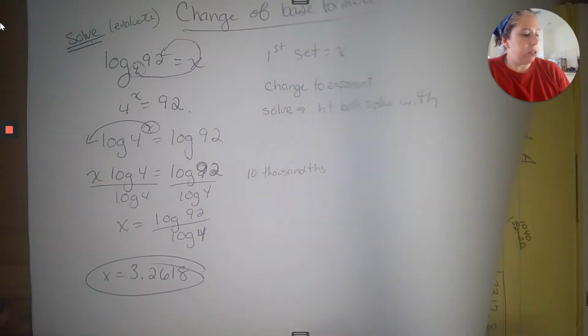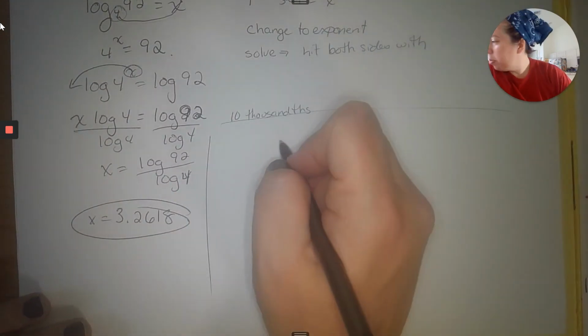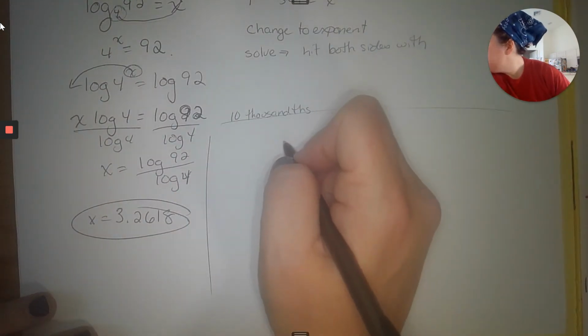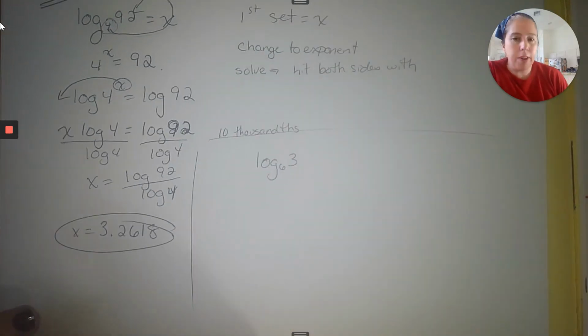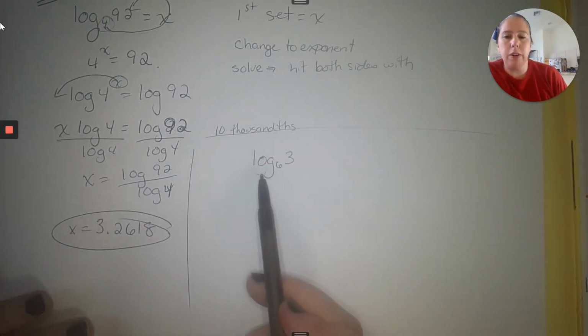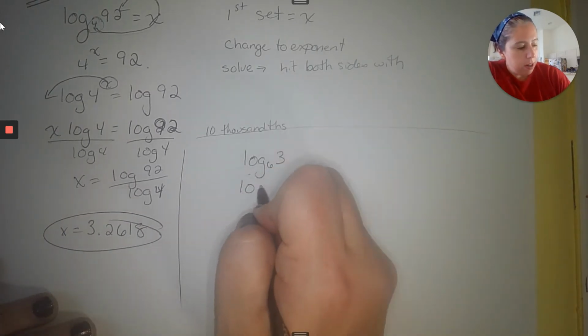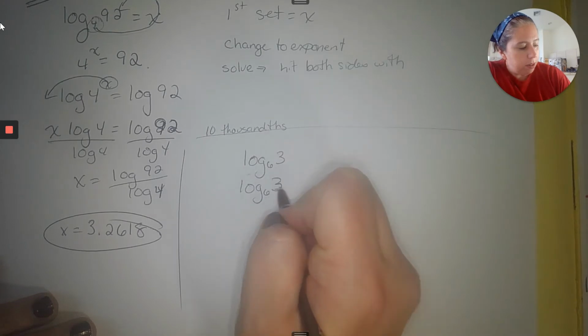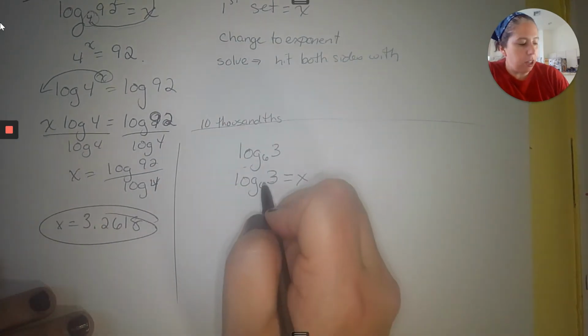Awesome. Okay, so let's do another one real quick. Trying to save some room over here. So if I go log base 6 of 3, you're going to solve this, evaluate this, whatever the directions tell you to do. So the first thing you're going to do, set it equal to x. Then you're going to change it to an exponent.